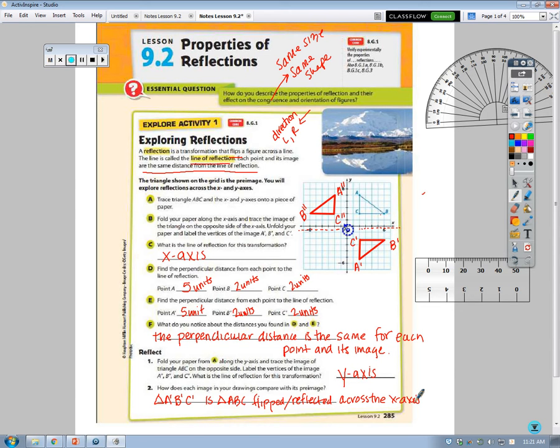And then we could also say triangle A double prime, B double prime, and C double prime is triangle ABC, flipped or reflected across the y-axis.